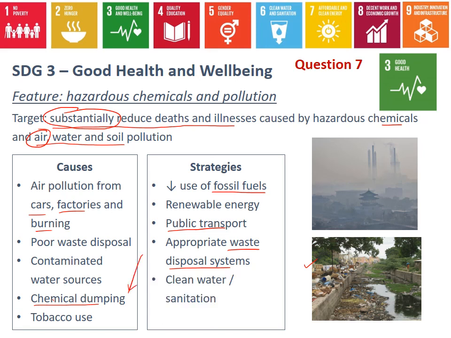Clean water and sanitation. Again, a lot of countries still don't have that in place. And then obviously our smoke-free laws, our WHO framework on tobacco control to decrease that secondhand smoke that is in the air. Okay, so just jump in and answer question 7.